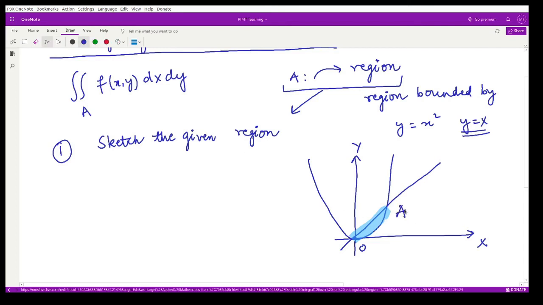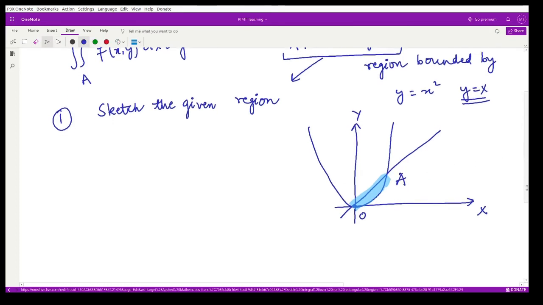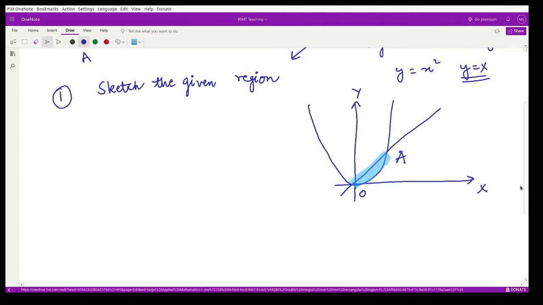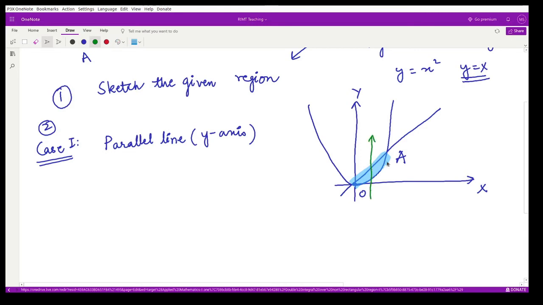So the first step is done. Now you can do two things. In step 2, I'm defining case 1. You can draw a line parallel to the y-axis, like this vertical line.